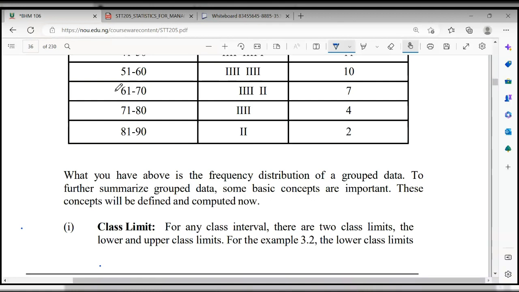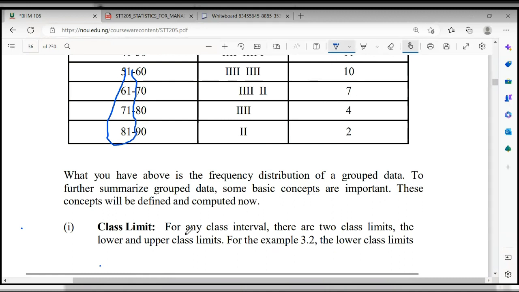So all these ones, the smaller ones, are the lower class limits. While the ones on this side are the upper class limits.